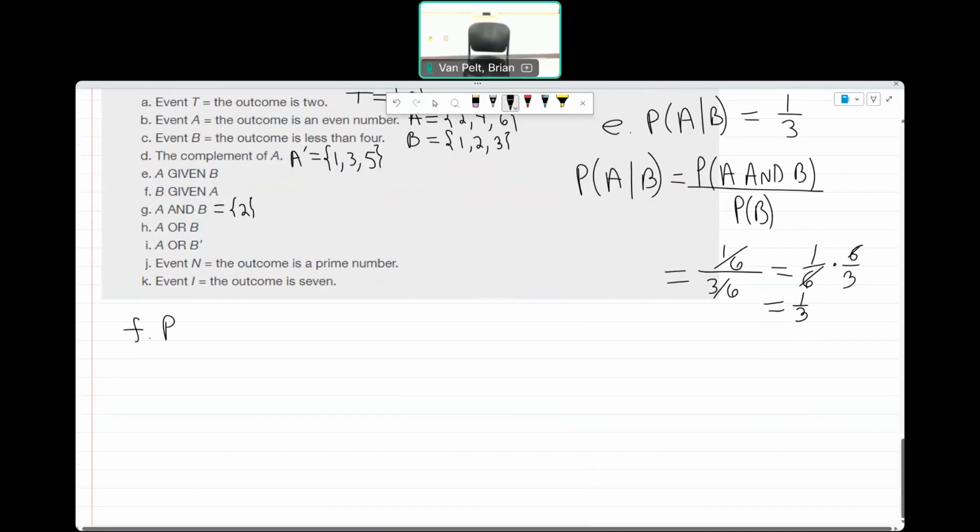So they want the probability of B, given that A was already true. One thing you could say to yourself, if I'm gonna do it just by reasoning and not a formula, how many items are inside of A? 3 items. So this denominator is gonna be 3.